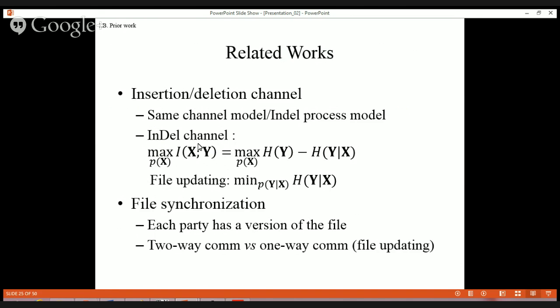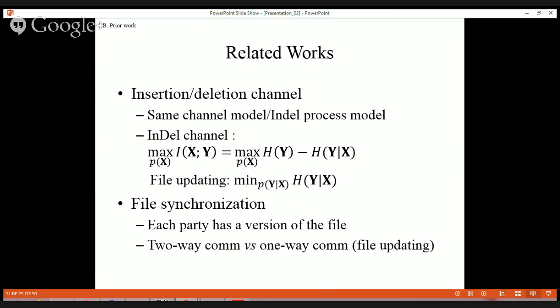The difference is that we minimize the communication cost, which is the entropy of the new file given the old file, and the distribution of the old file X is already given.